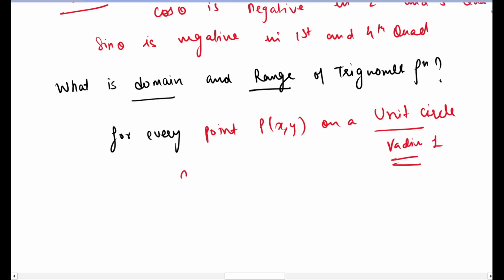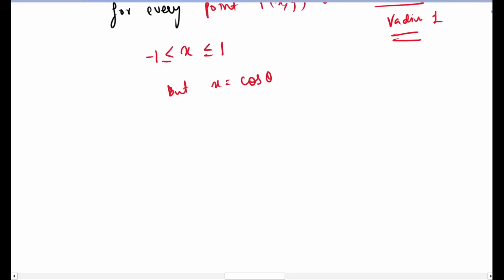So we have x between minus 1 and plus 1. So the range of x is minus 1 to plus 1, but x is equal to cos theta. So we can say the range of cos theta is minus 1 to plus 1.